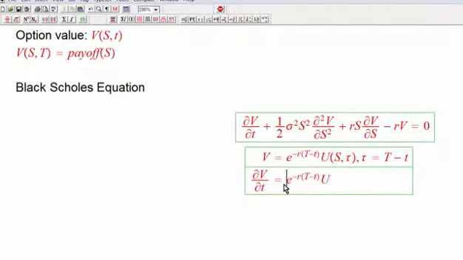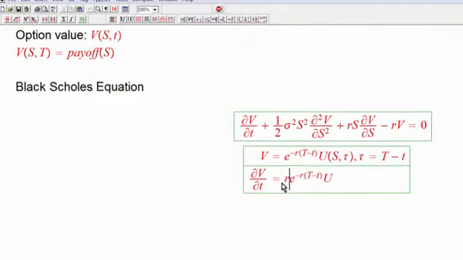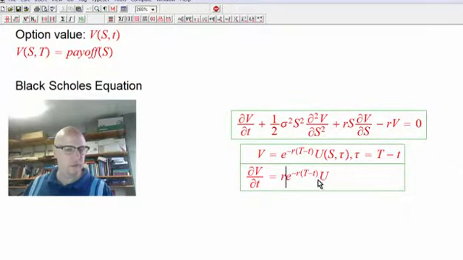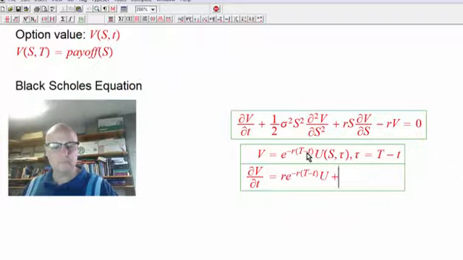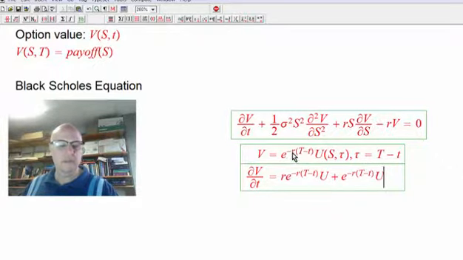The derivative of the first is just going to pop out an r when I differentiate with respect to little t, times leave the u alone, plus leave the e to the minus rt times the derivative of u with respect to time. So this will be u sub t. I'm using that for my derivative.